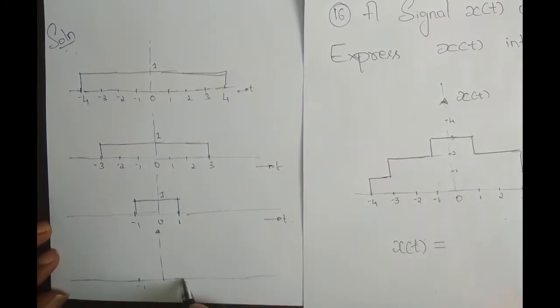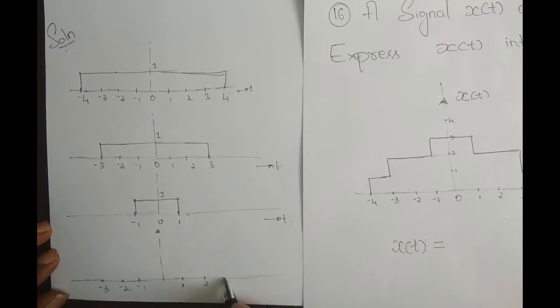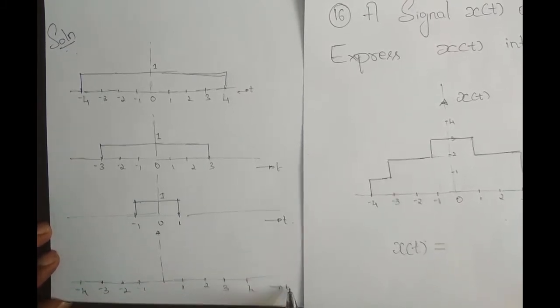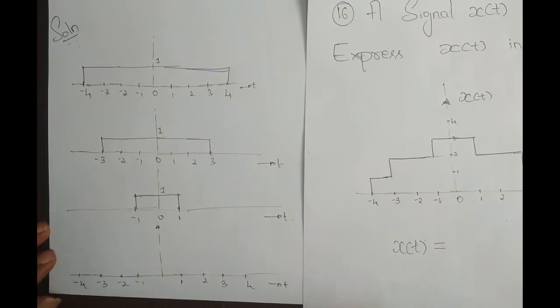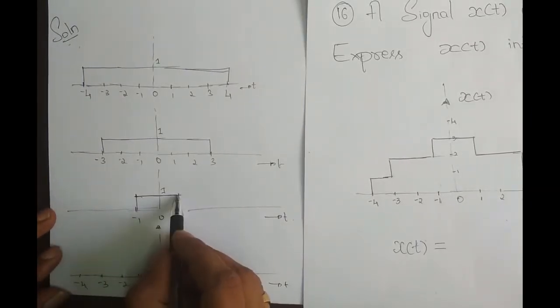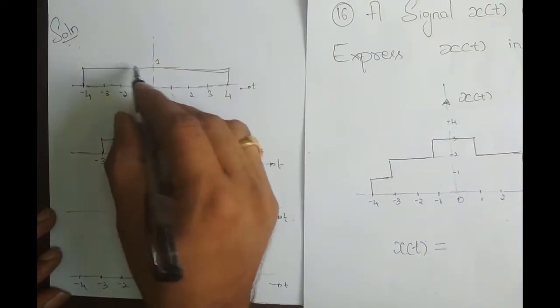This is -1 plus 1, -2 plus 2, -3 plus 3, -4 plus 4. Fine. So from -1 to 1, what is the amplitude of the first signal? 1, right? Plus the amplitude of the second signal, which is 1, plus the amplitude of the third signal, which is 1.